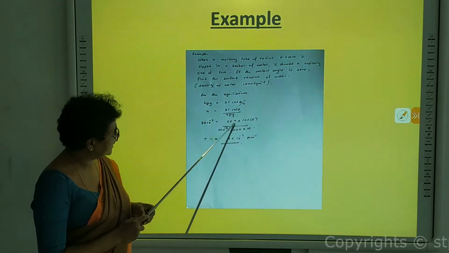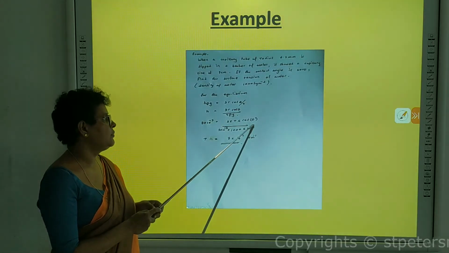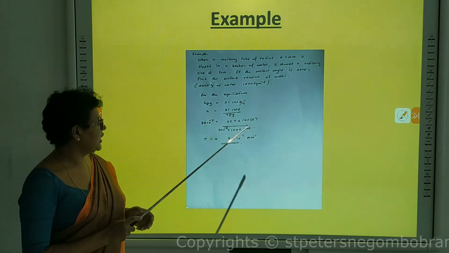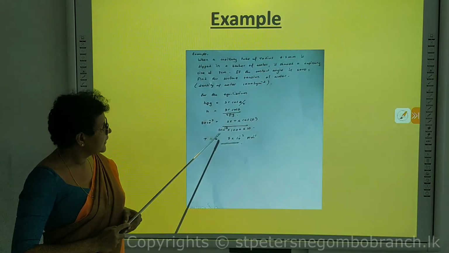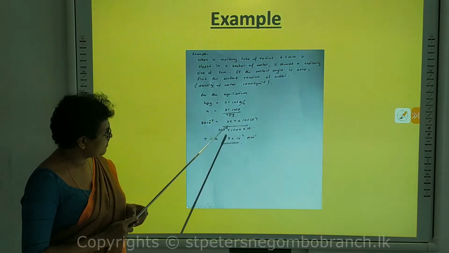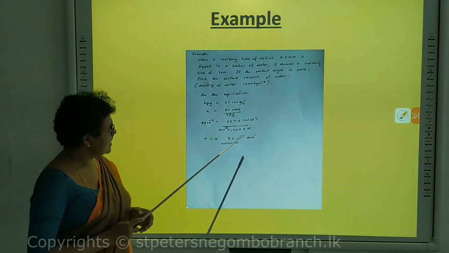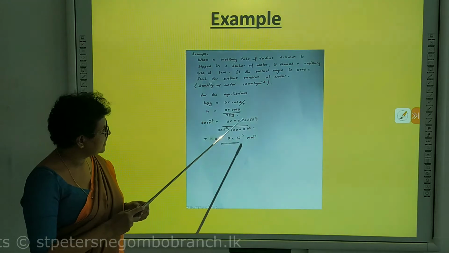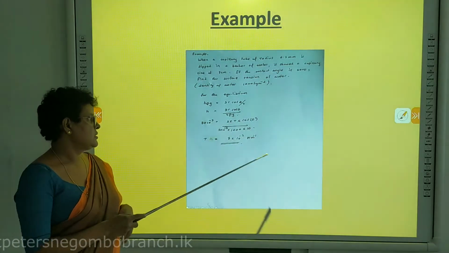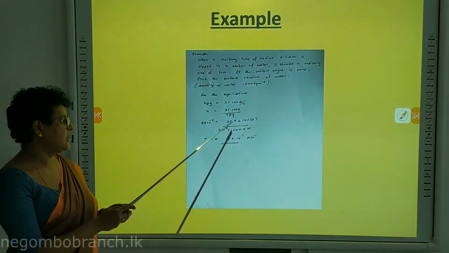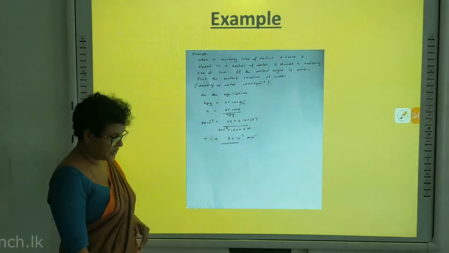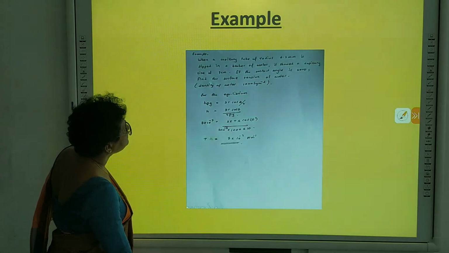Cos 0, because the contact angle is 0. Now cos 0 is 1. So T here, and the radius is 2 into 10 to the power minus 4, it is given in millimeters, and density rho is 1000 and g gravity is 10. So you simplify this and get T.